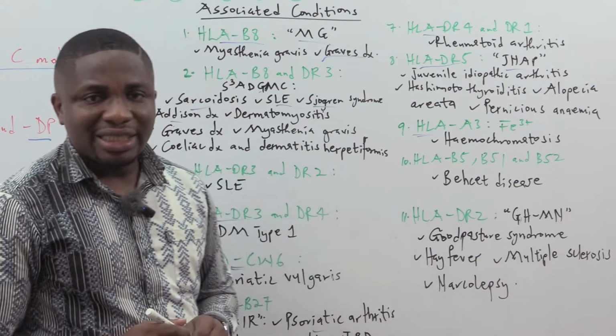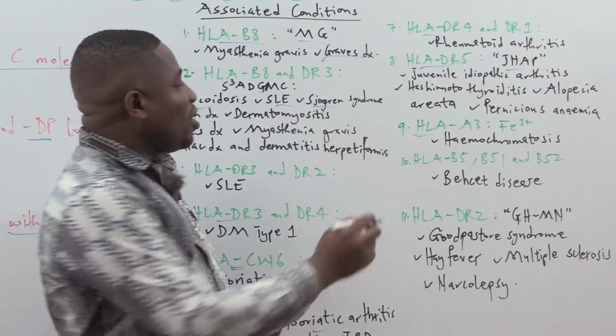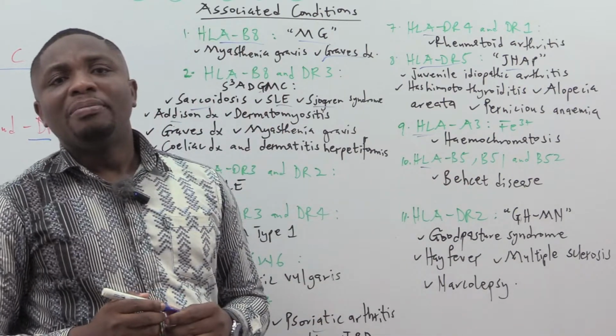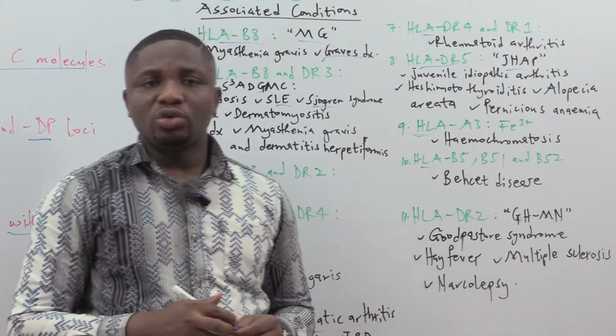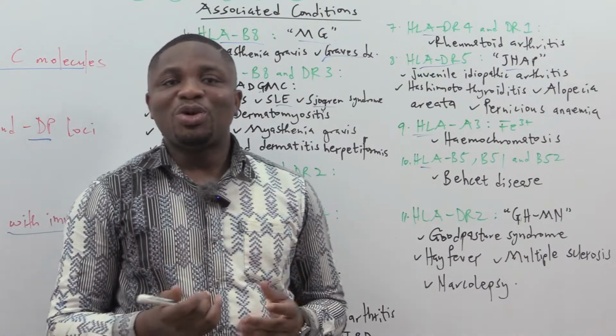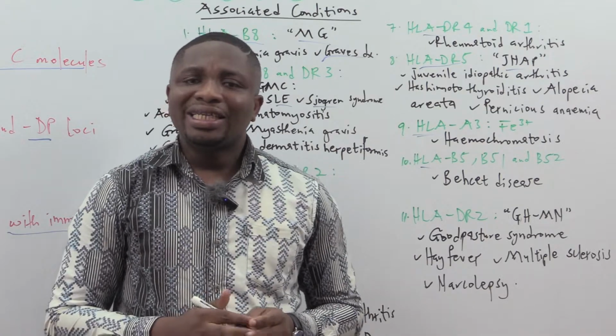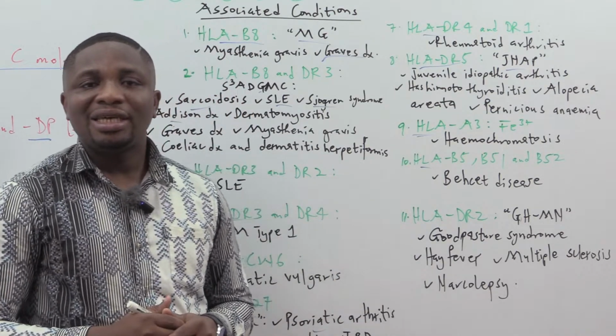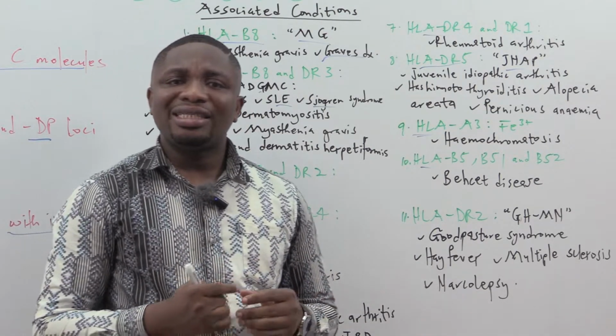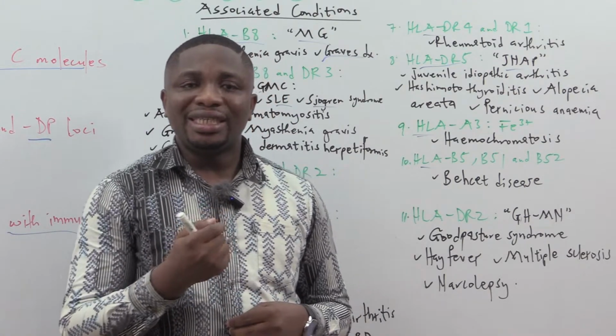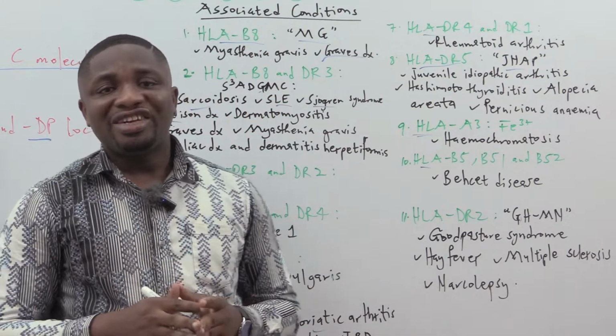Let's move on to the next HLA and associated condition, and that will be HLA B5, B51, B52. They all belong to the class 1 HLA. With the HLA B5, B51, B52, it is associated with Behçet disease. Behçet disease is a rare vasculitic disorder associated with a triad.